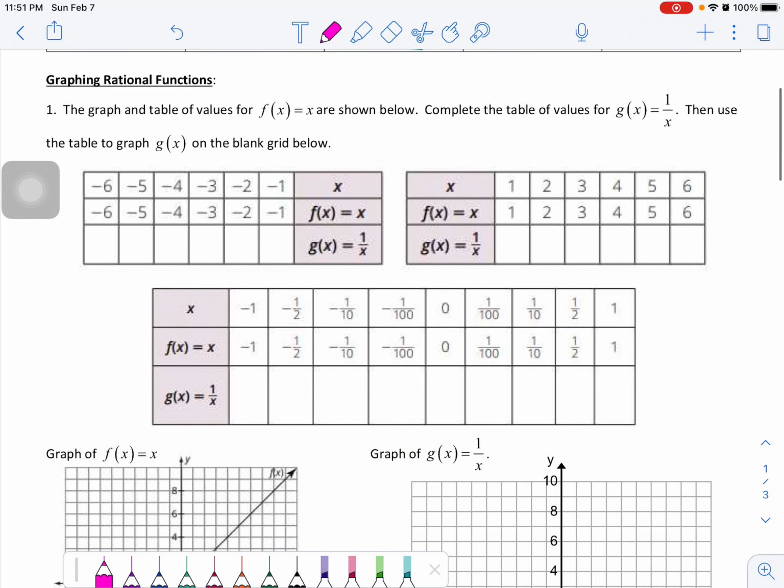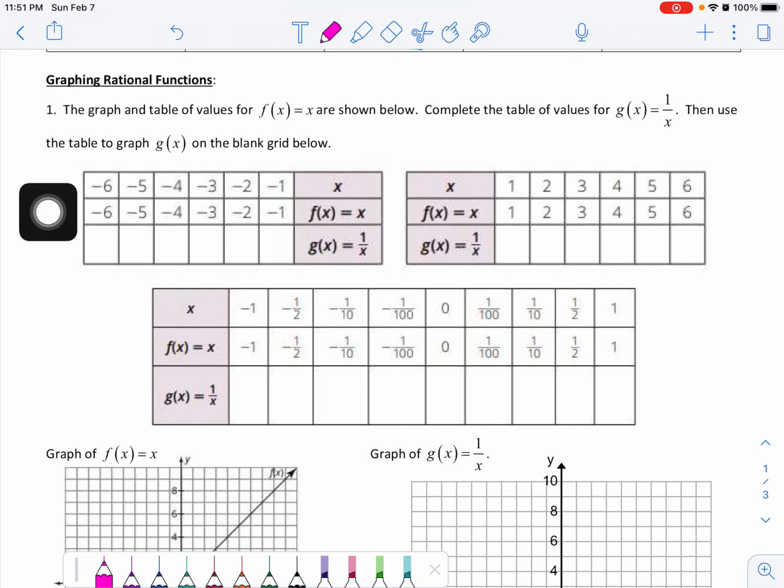All right, so moving on to graphing rational functions here. We've got 3 tables of values. We've got some negative integer values here. We've got some positive integer values here. And then we've got some kind of weird fractions going on from -1 to +1. So here's the thing. We've got these x values, and we graphed f of x, which is equal to x.